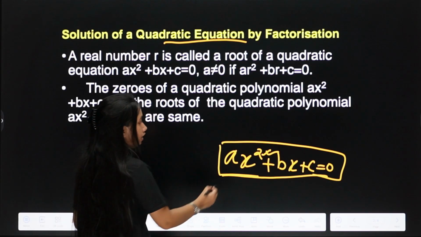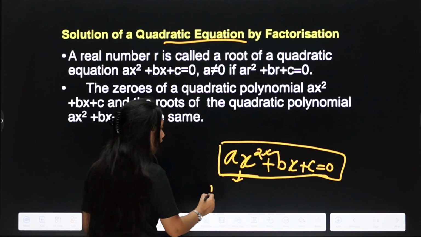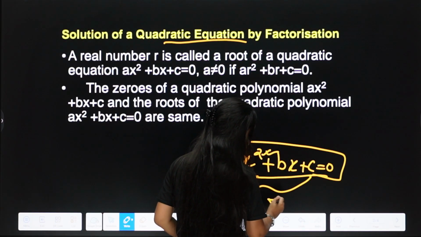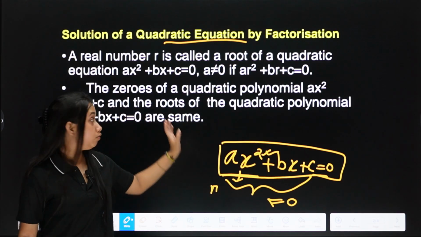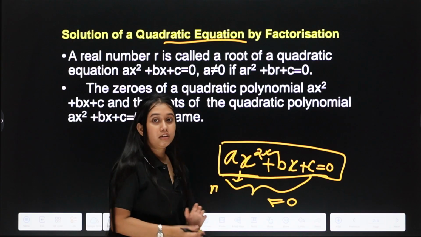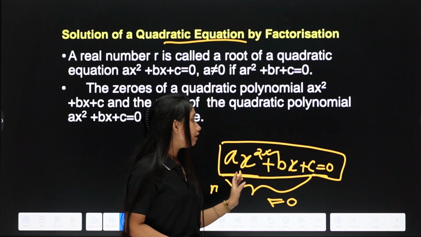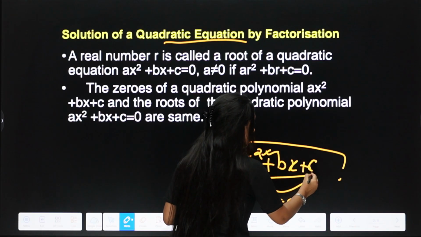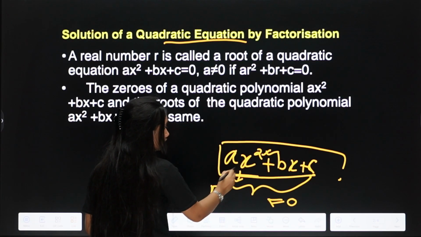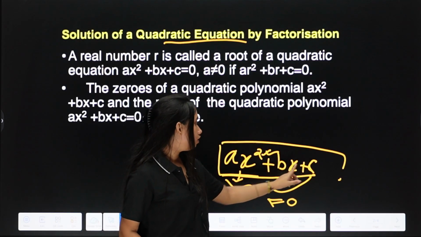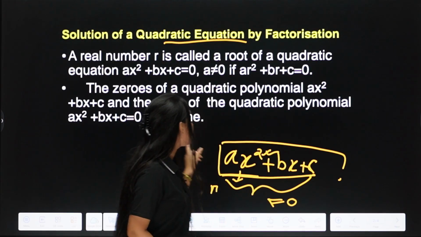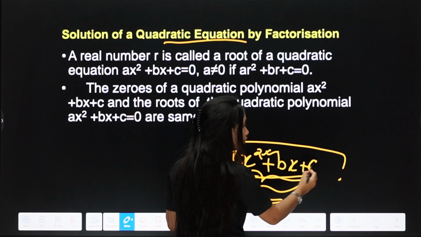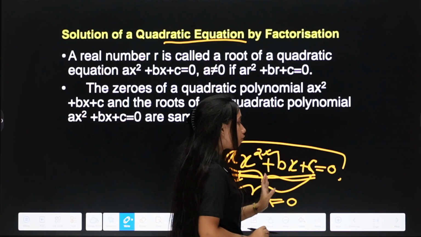Again, what is the root of a quadratic equation? If we put any value in place of x, for example the value r, and if we get this portion equal to 0, then we call r the root of the quadratic equation. If we put any value of x and this portion is equal to 0, then we call it the root of the quadratic polynomial, because this is the quadratic polynomial, and if we equate a quadratic polynomial with 0, then we call it a quadratic equation.